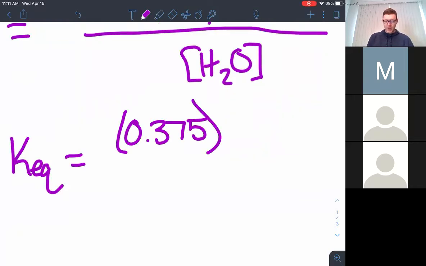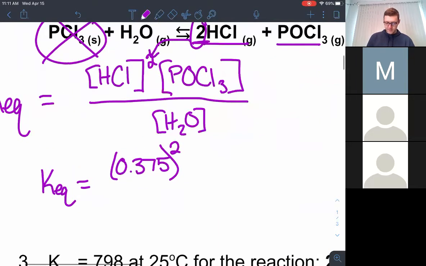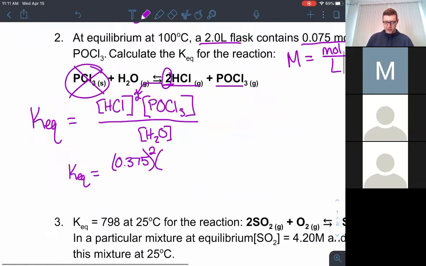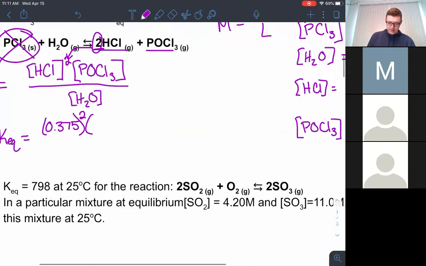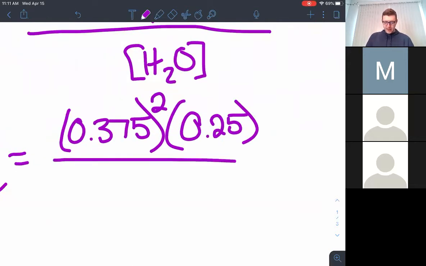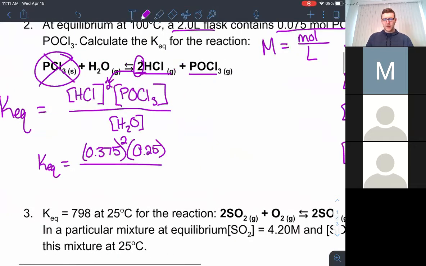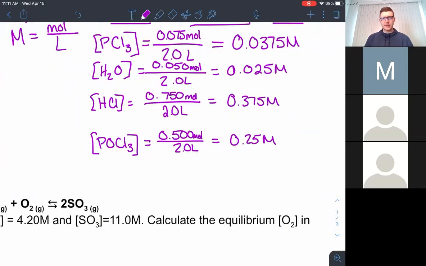And this gets squared because, remember, we have 2 moles made of hydrochloric acid, so we square it to remind us that there's 2 moles made, times the concentration of POCl3, which is 0.25. And that gets divided by the concentration of H2O. If we look over here, our concentration of H2O is 0.025.